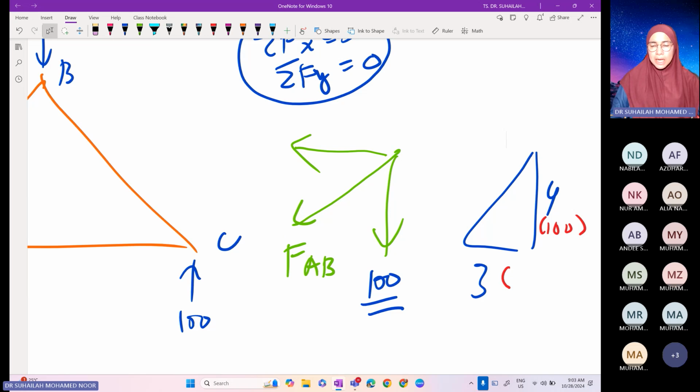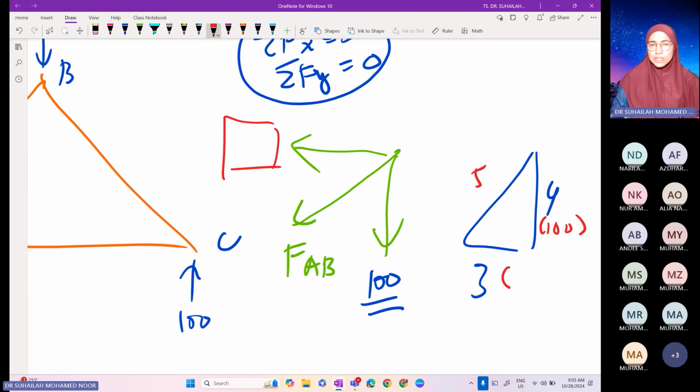So FAB adalah combination of vertical and horizontal force, yang mana kita resolve dapat in X and in Y. So kita ada 100 in vertical. So kita apply trigonometry, then kita akan cari nilai X. So trigonometry itu adalah 3, 4, 5 sini kan. Okay, so kita buat interpolation untuk tentukan nilai X.